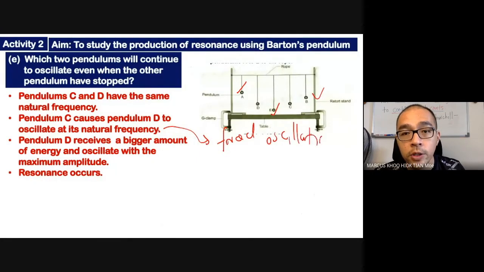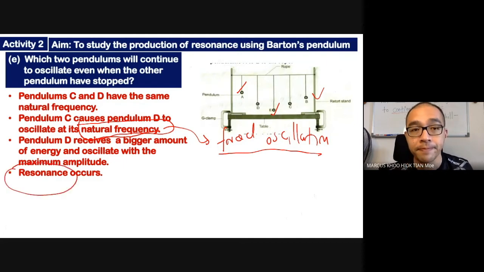And so pendulum D receives a bigger amount of energy and oscillates with the maximum amplitude. So a forced oscillation at the same natural frequency is what we call resonance.